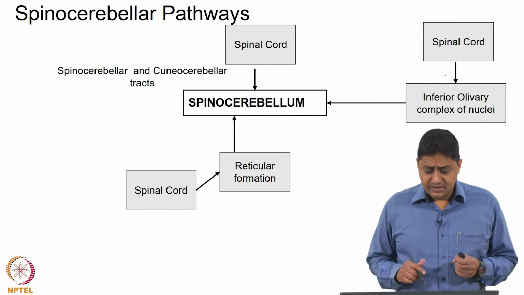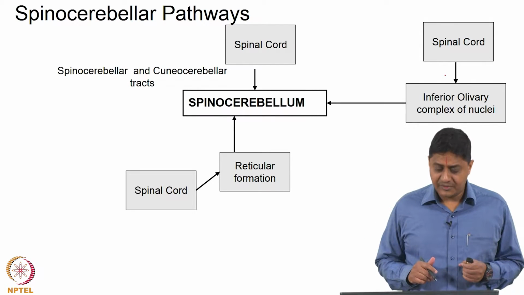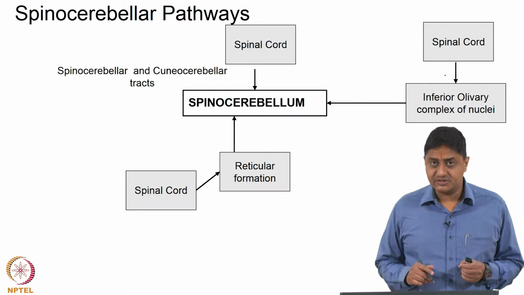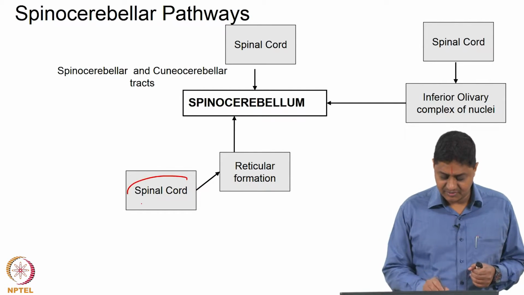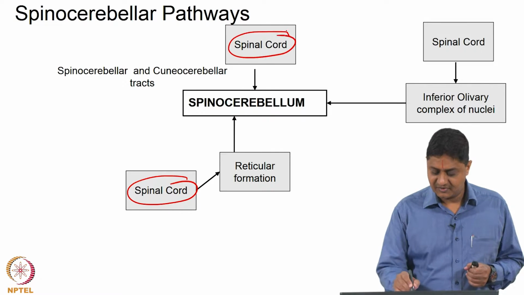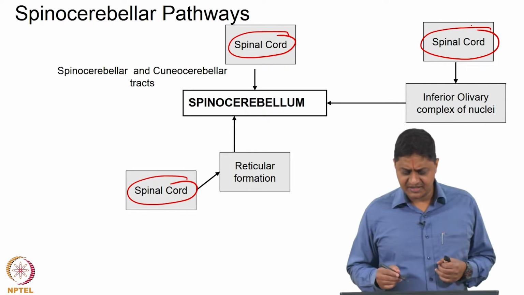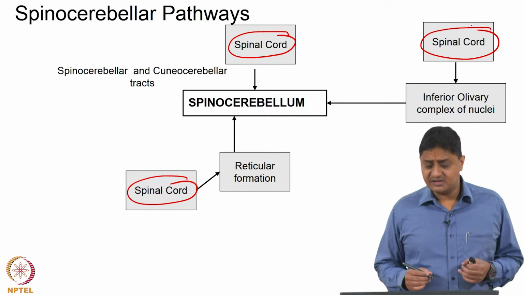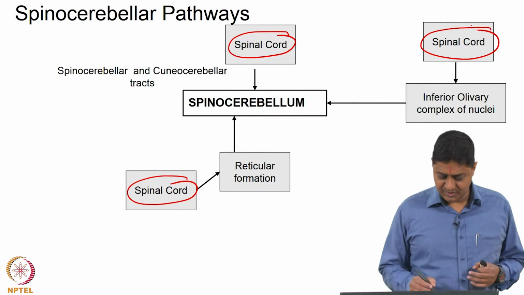Okay. So, when discussing how spinocerebellum receives inputs, it receives inputs through multiple modalities. So, you see spinal cord in multiple places here: spinal cord, spinal cord, spinal cord. It is placed in 3 different places for convenience actually. So, that means the spinocerebellum receives input through multiple pathways.